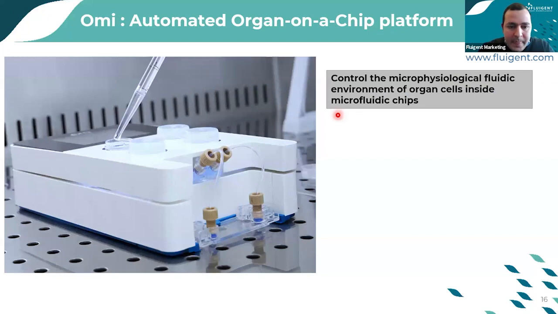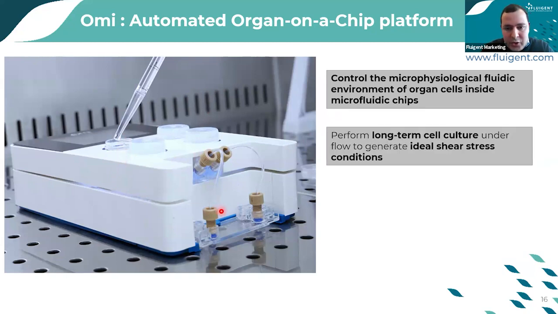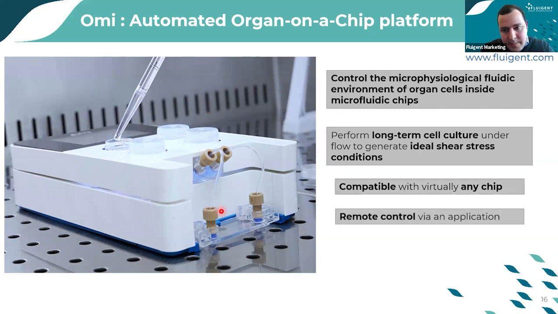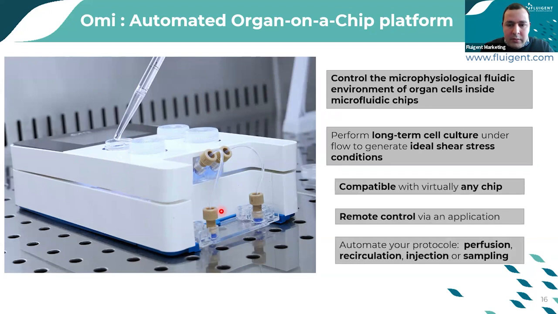So the OMI, how it works, what are the advantages? It controls the microphysiological fluid environments in organ on chip inside a microfluidic chip. So we have a microfluidic circuit built inside the OMI, which can be connected to virtually any type of microfluidic chip, and guarantees the perfusion, injection, sampling, and recirculation towards your microfluidic chip.